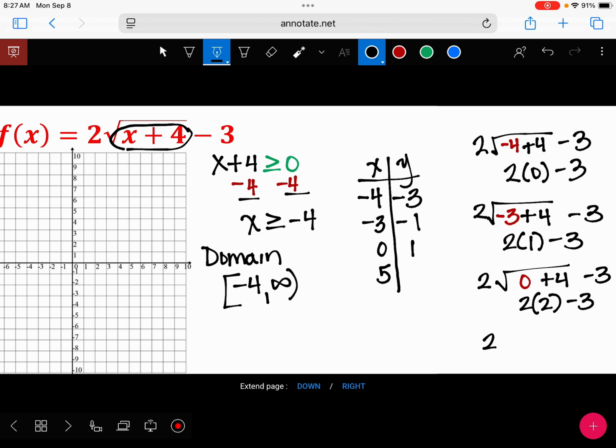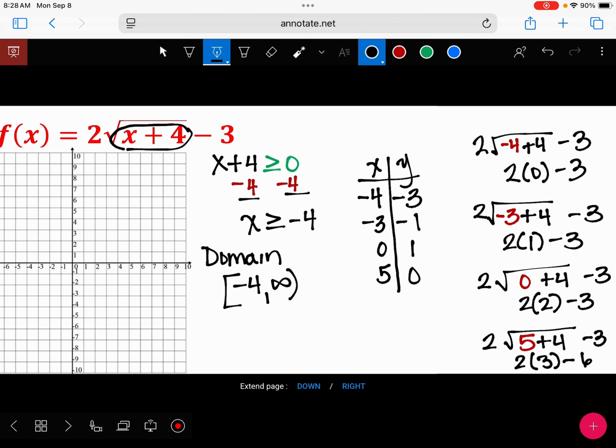And then lastly, 2 times the square root of 5 plus 4 minus 3. What's 5 plus 4? 9. What's the square root of 9? So we have 2 times 3 minus 6. 2 times 3 is 6, and 6 minus 6 is 0.